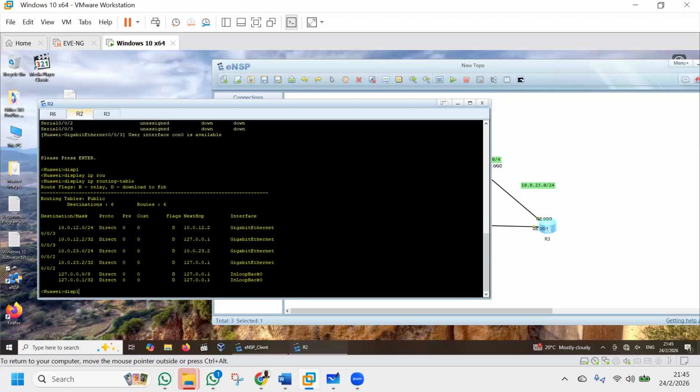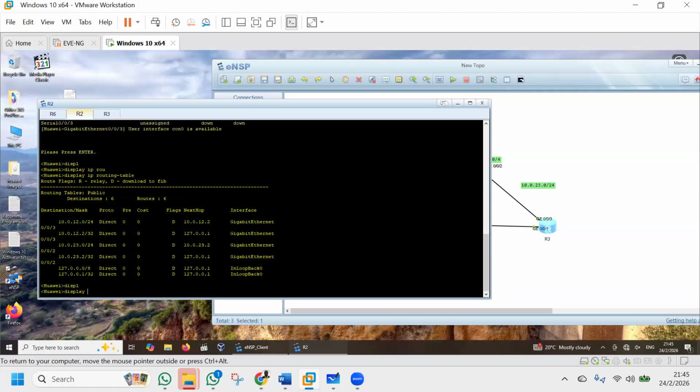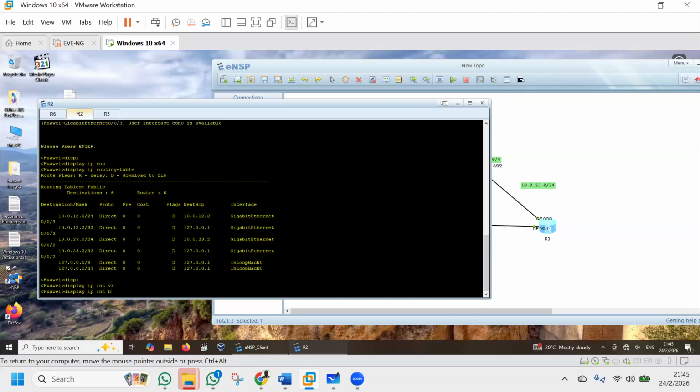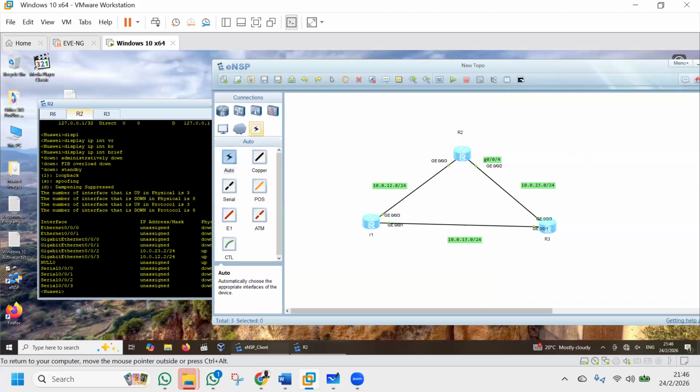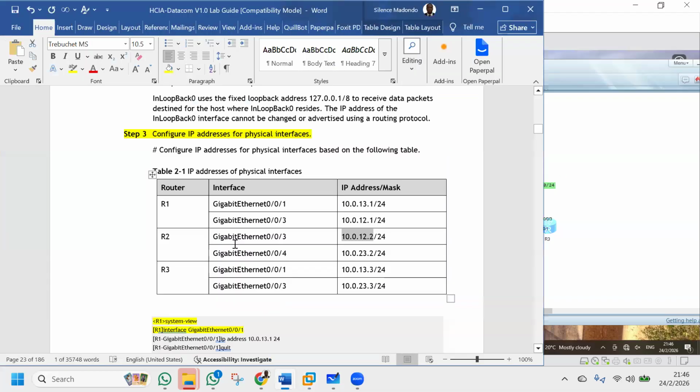Okay, display device brief. These are up, everything working.